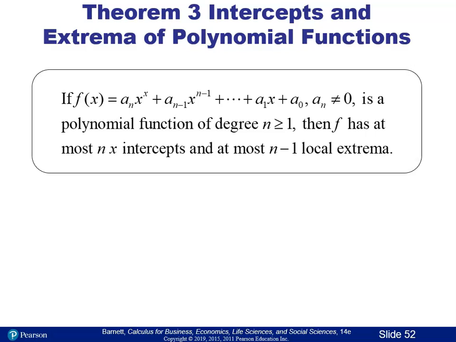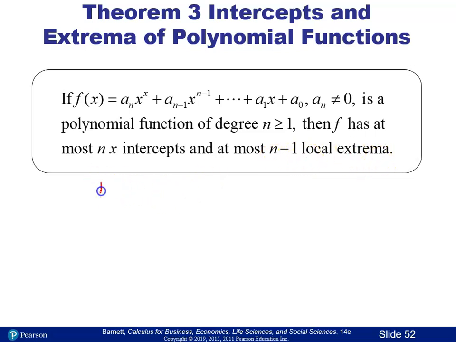Okay, so Theorem 3, talking about intercepts and polynomial functions. If we have a polynomial and its degree is n, so if it has a degree of at least 1 or more, then it has at most n x-intercepts and at most n minus 1 local extrema.